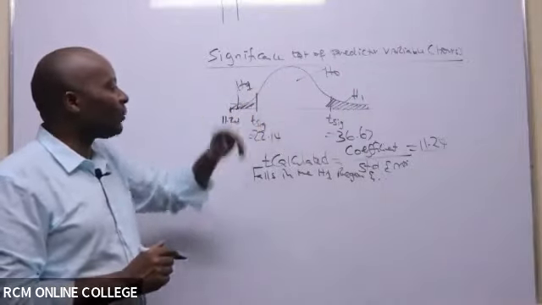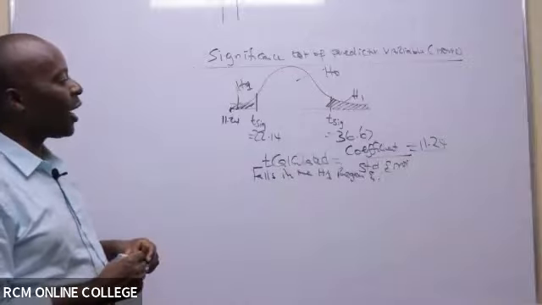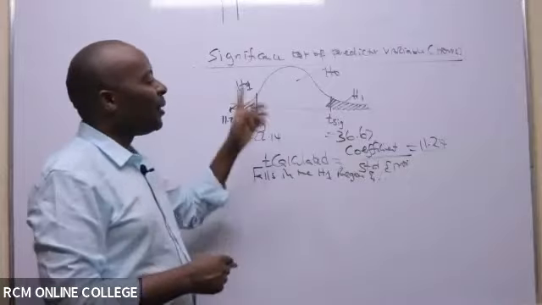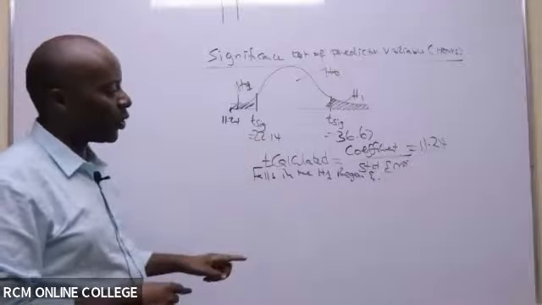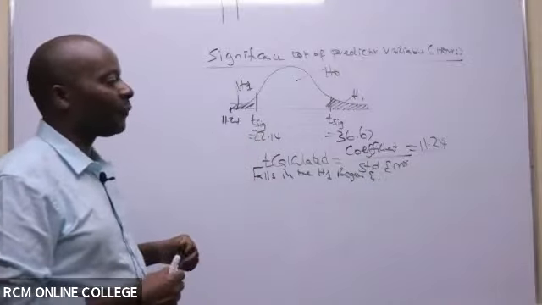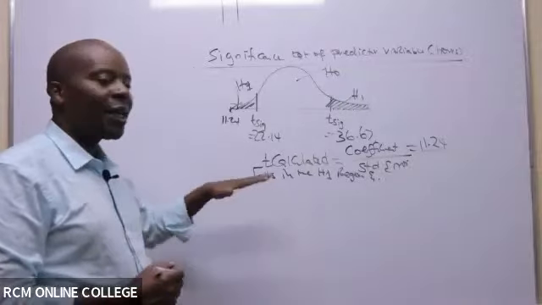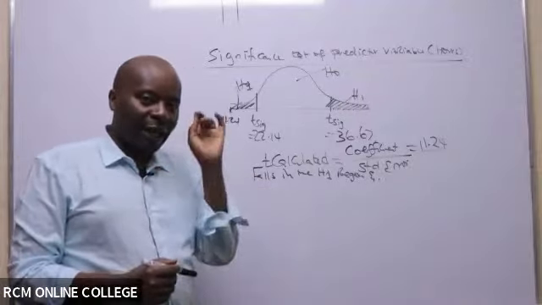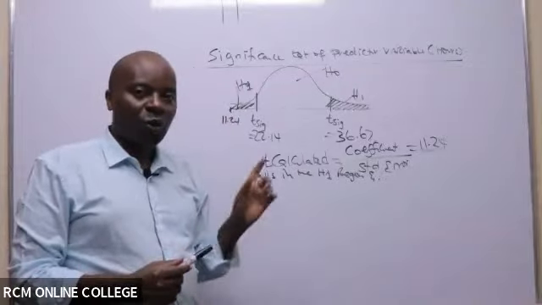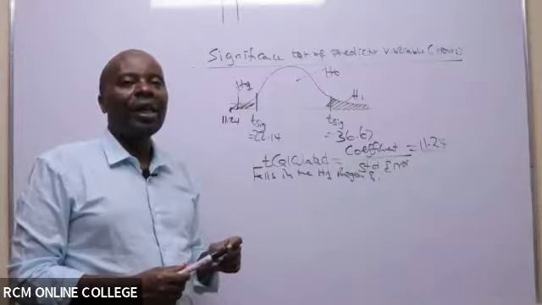So this one has got something here. And therefore, the predictor variable is significant. So this confirms the plausibility assumption.